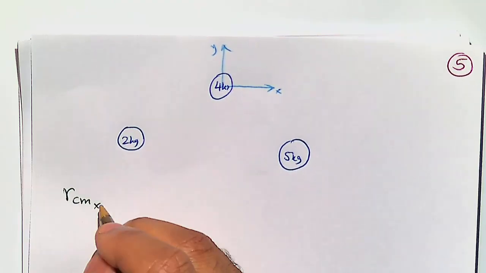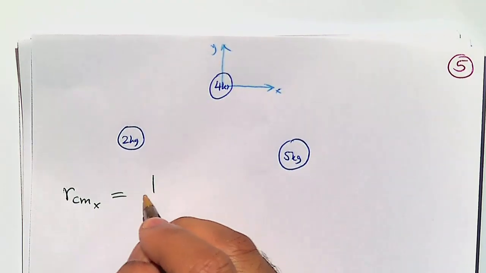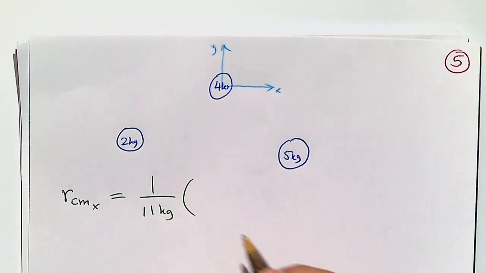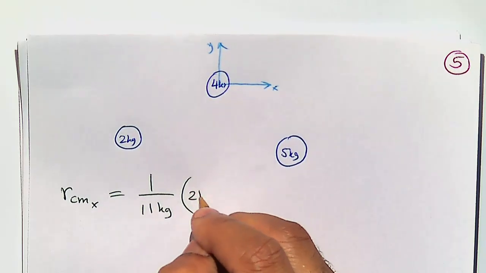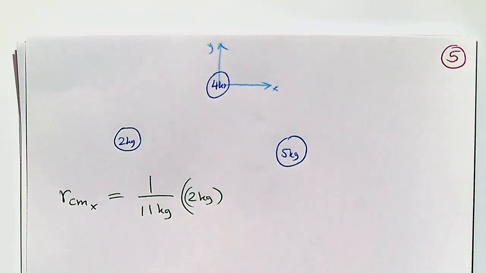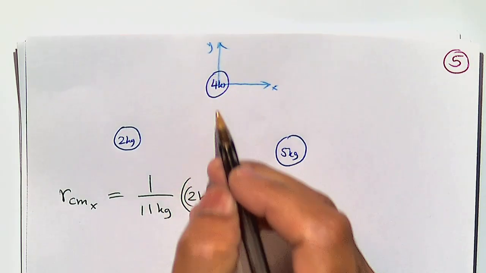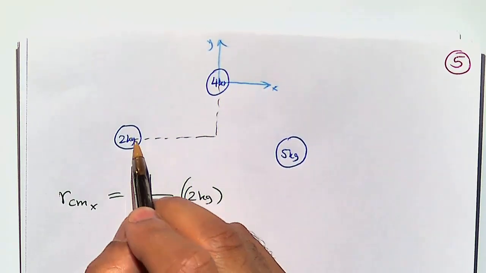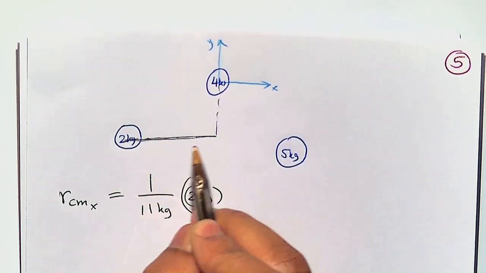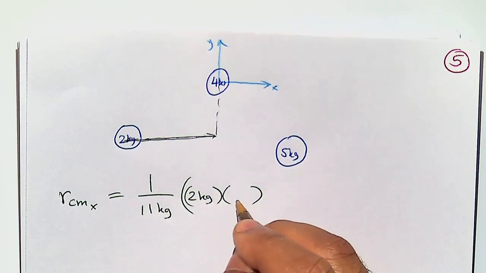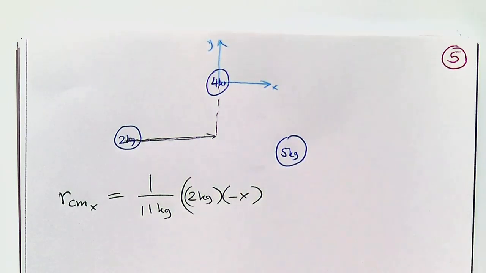the x direction, right? You do the 1 over the 11 kilograms, and then you do the same thing where you go 2 kilograms times the distance of the 2 kilograms in the x direction only, right? So yes, the 2 kilogram is now somewhere over here, but what is this distance? That's what you're putting in here, right? So some negative x value, right?